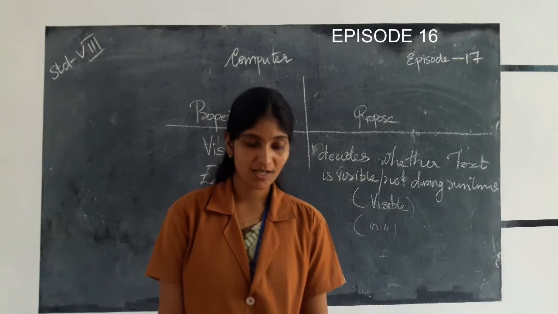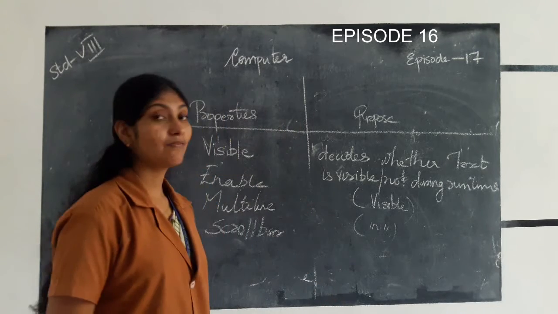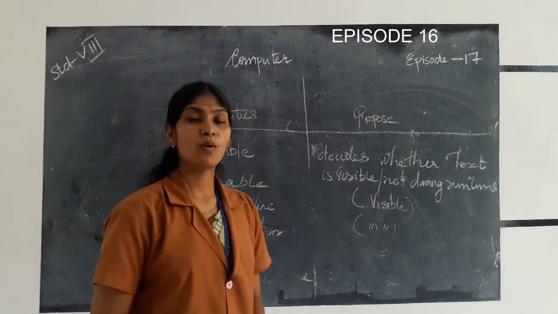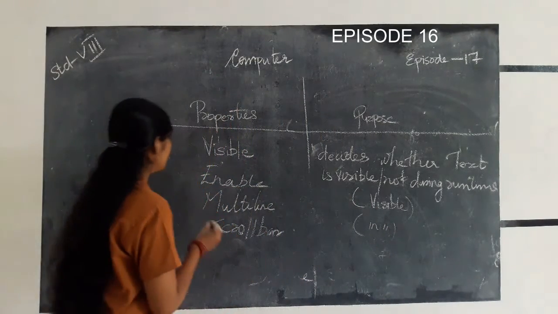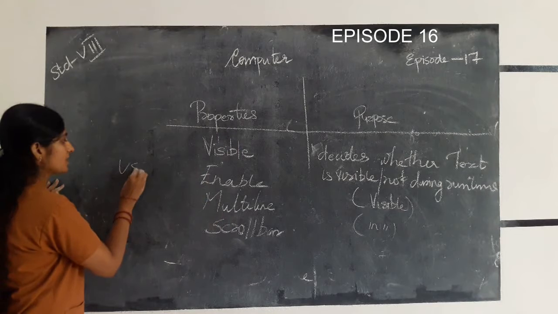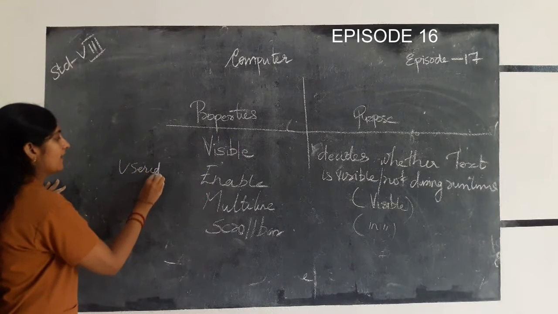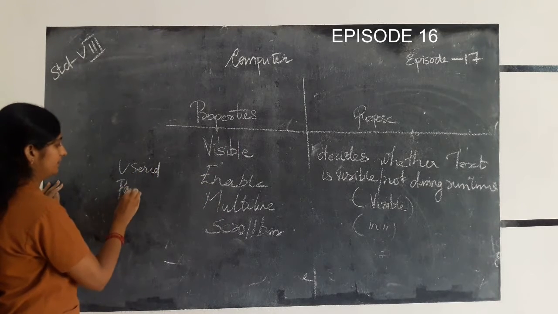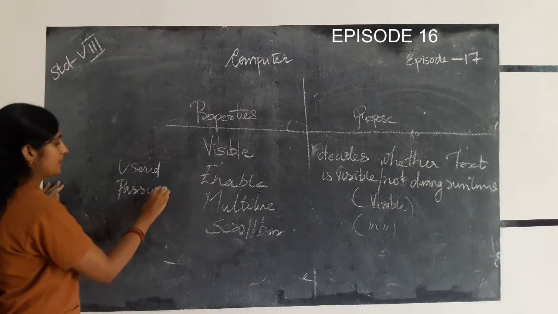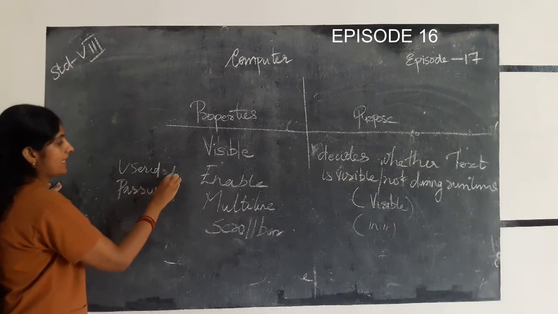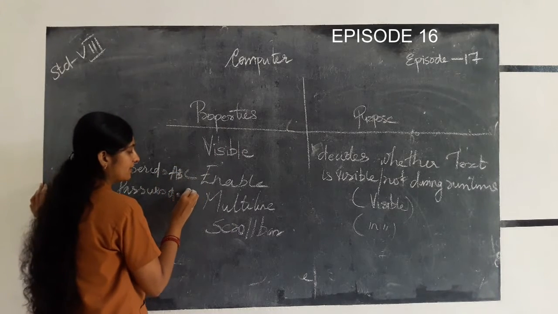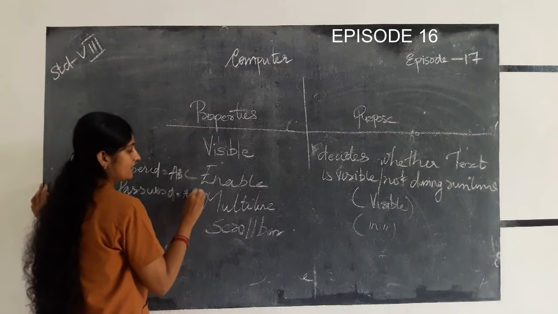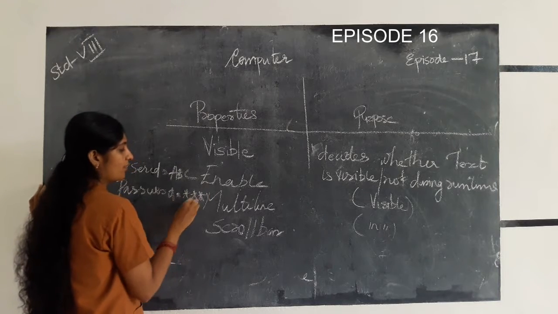For example, if you log in to any page, it contains two labels, user ID and password. So user ID is ABC, and when we enter the password, it looks like this, 3 stars or 4 stars.